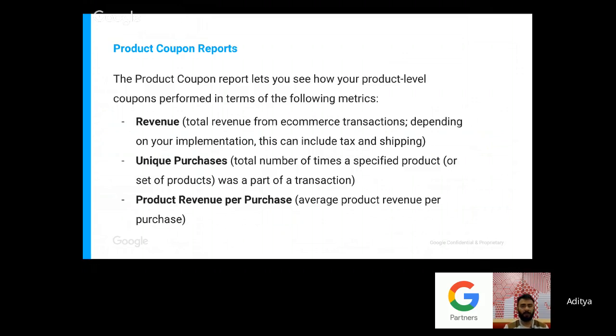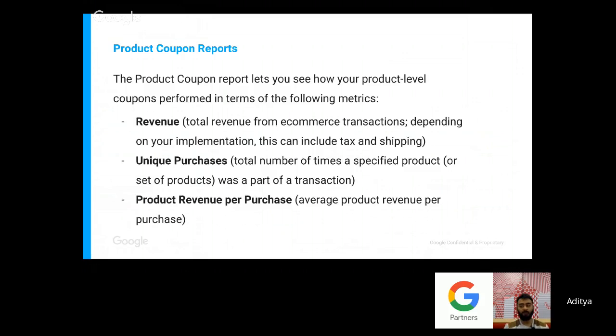So for example, you have a discount on black hats on your website, only black hats, and this coupon is product specific and not order specific at all. So if I buy a black hat and a white hat, I cannot apply this coupon at the order level. I can only apply this coupon at the product level, which is when I'm only buying black hats. So you can measure the performance of product coupons as well.